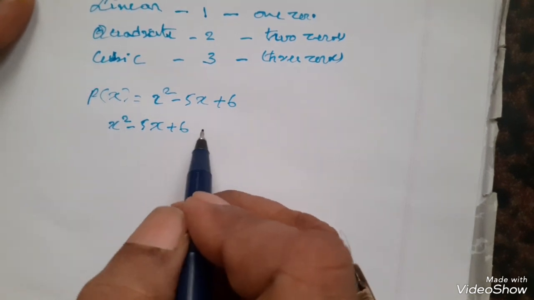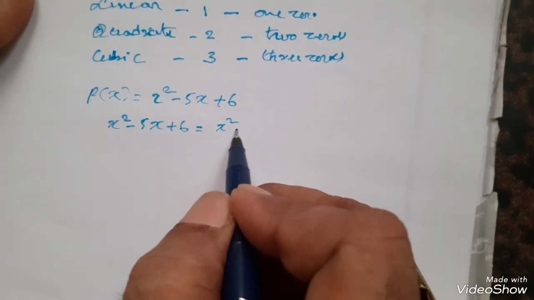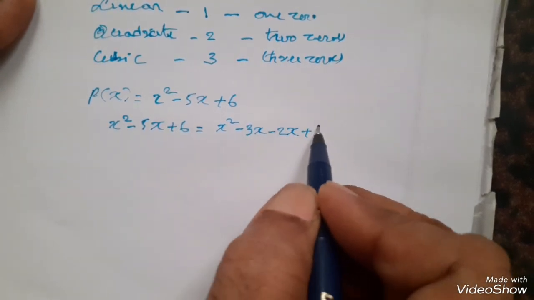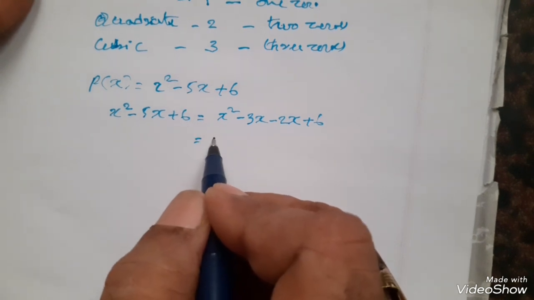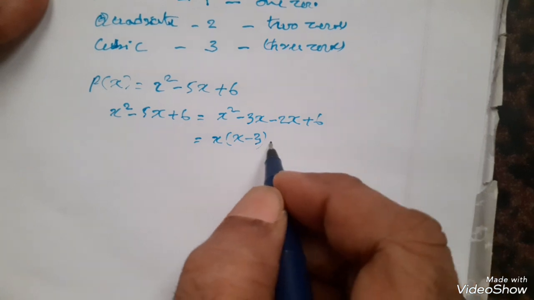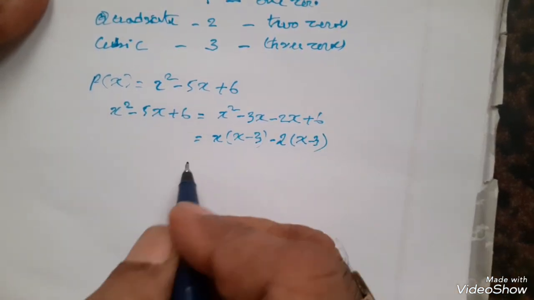We can write this into factors. How? x squared minus 3x minus 2x plus 6. Then we get x into x minus 3 minus 2 into x minus 3.